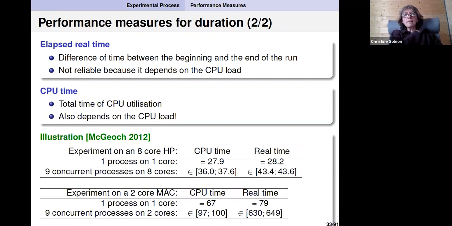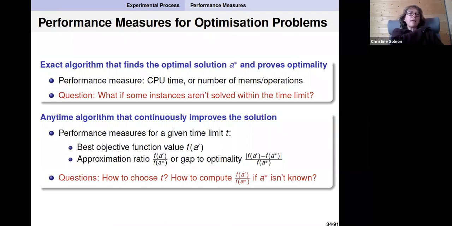When I consider optimization problems, I also have different performance measures, and the difficulty for optimization problems is that I usually have two different kinds of measures. I have to compare the quality of the solution, and I also have to compare the CPU time needed to find a solution.